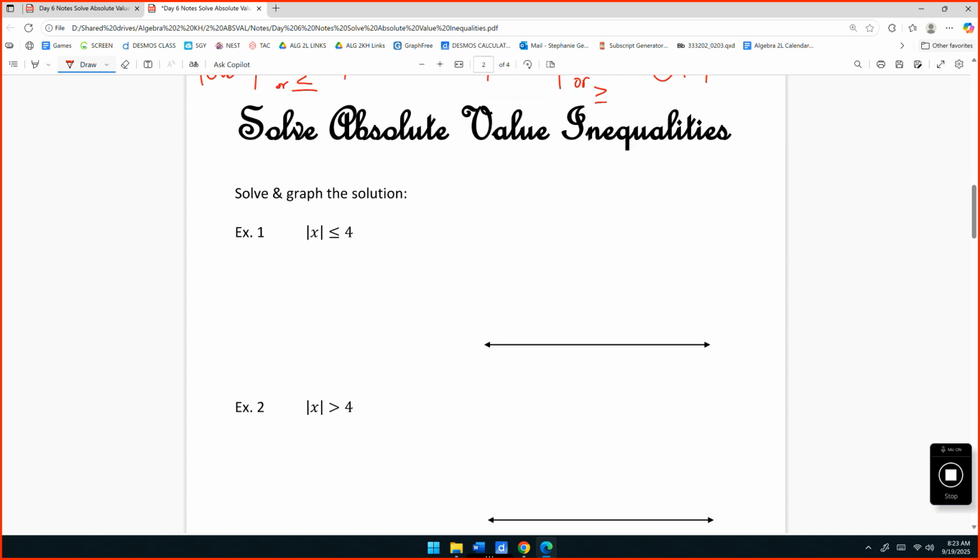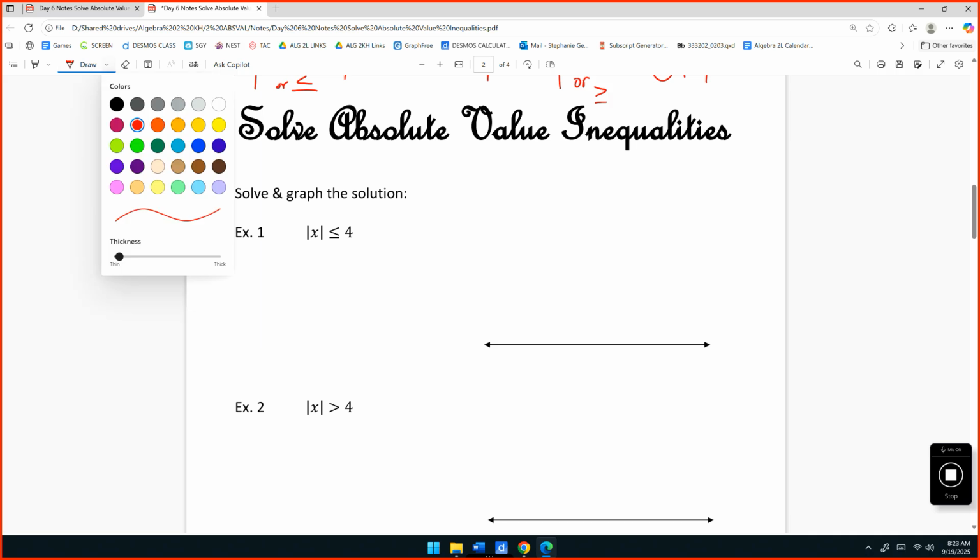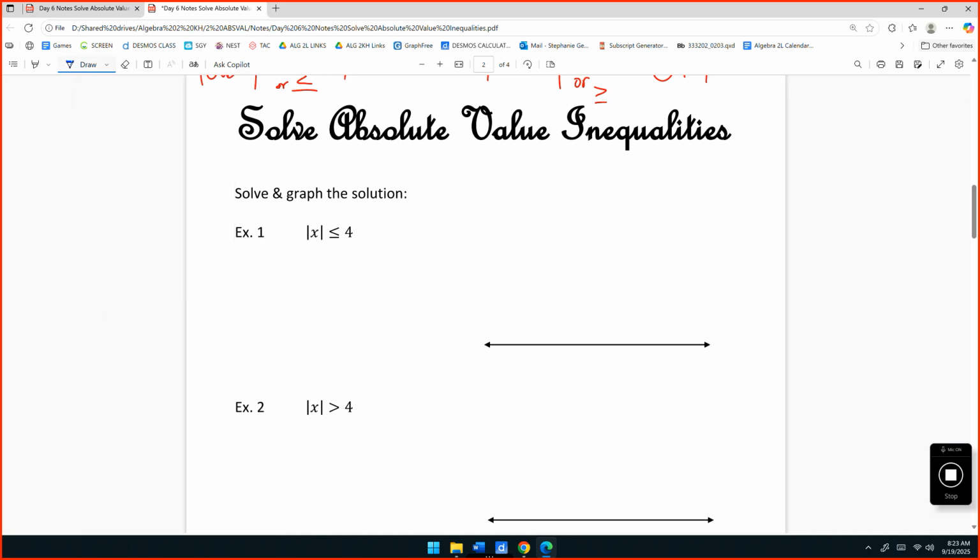Okay? If we know this, then we can apply it to more algebraic examples. I kind of did these logically, but let's do these algebraically, using the rules that we learned yesterday. We isolate the absolute value, then we can split into positive and negative paths.